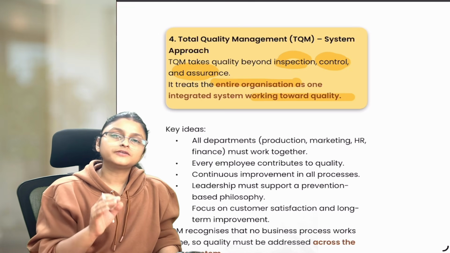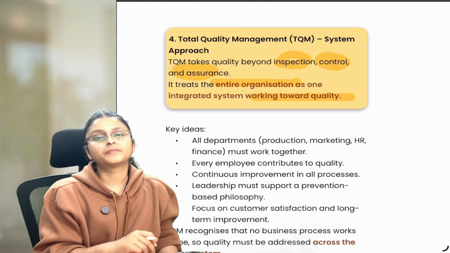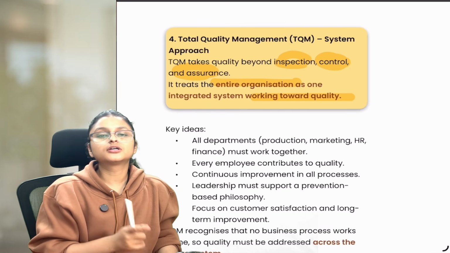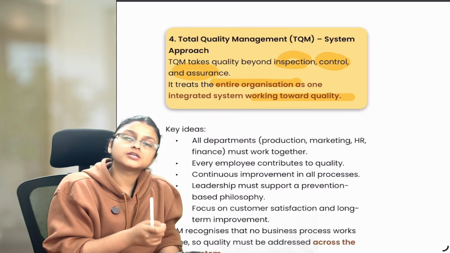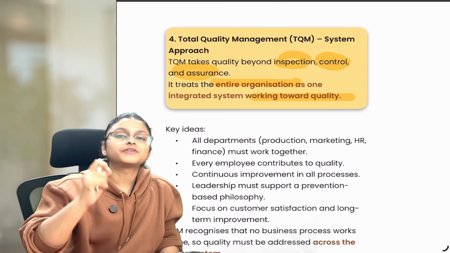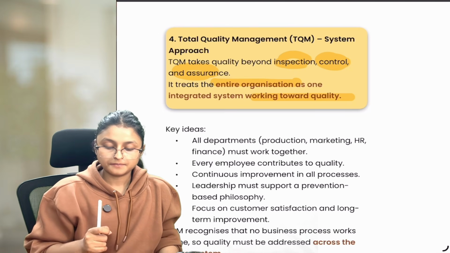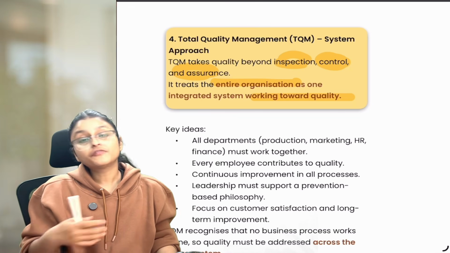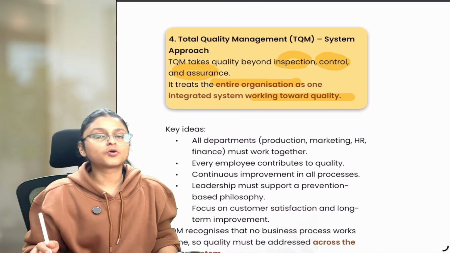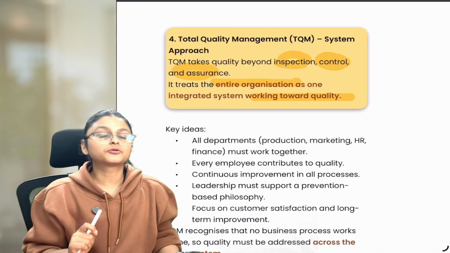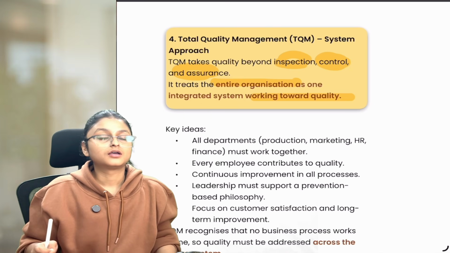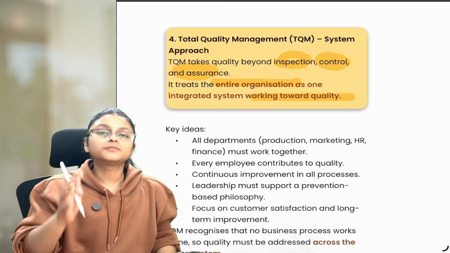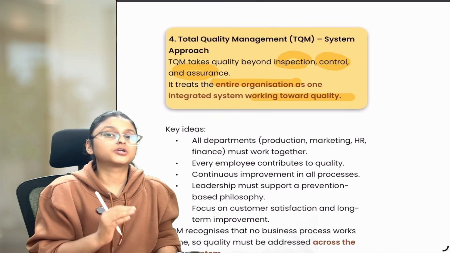Earlier we were focusing only on the production department, that you people should focus on detecting the product, or now in quality assurance, preventing the defects from happening. But in total quality management, everyone of any department, no matter what, will focus on improving the quality in their area. So everywhere in the whole organization, quality improvement is happening, not just in production.